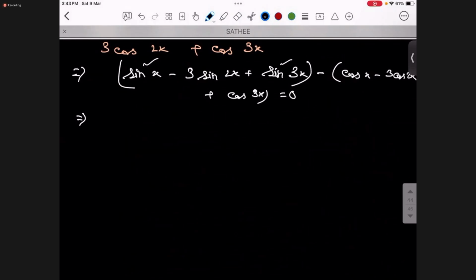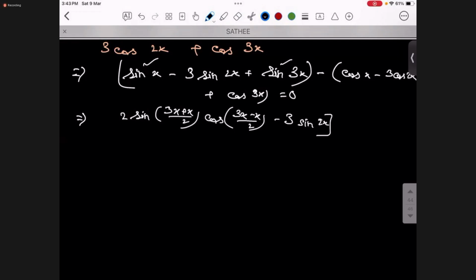We get 2 sin of (3x plus x)/2 cos of (3x minus x)/2 minus 3 sin 2x. This is one term. Minus, what will be the formula for cos x plus cos 3x?